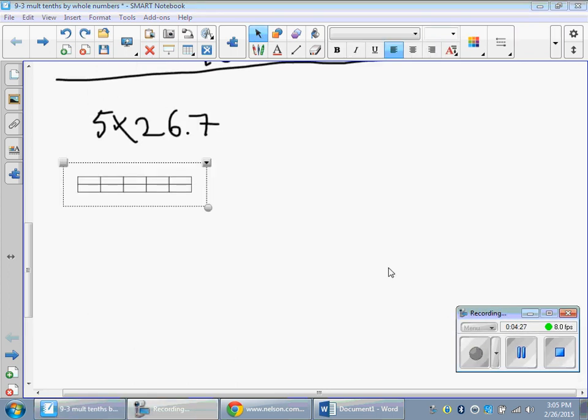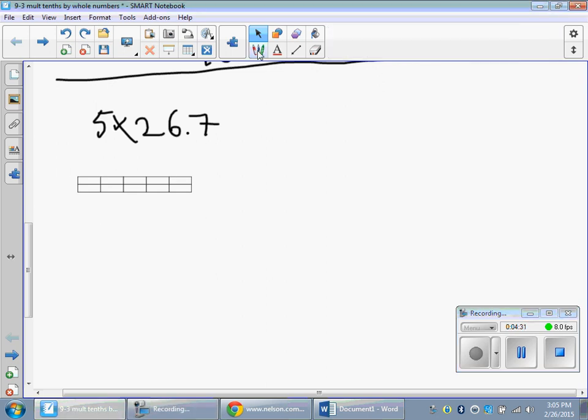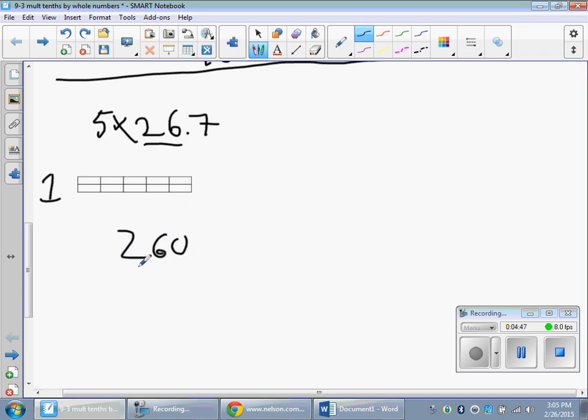One other way we can show this would be by recognizing that every single one, like we have here, like we talked about already, that is a 1. Well, here we have 26 ones. So the value of 26 ones would be 260 tenths.